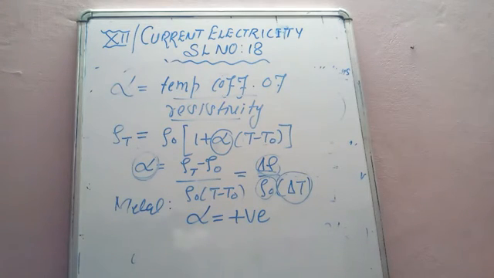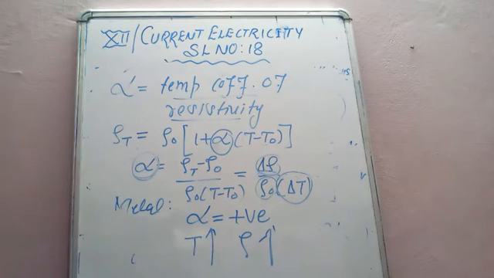What is the explanation? When the temperature of a metal is increased, there is an increase in the value of resistivity. That is, if T rises, the resistivity also rises.